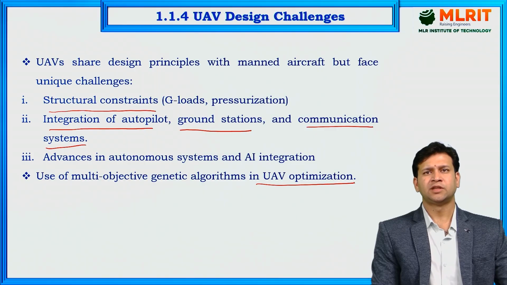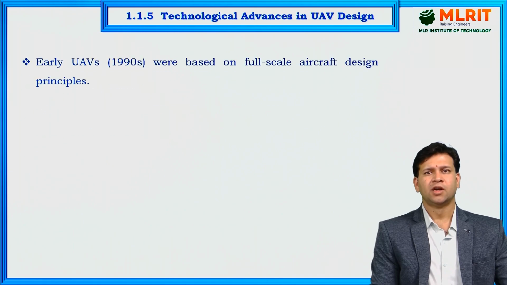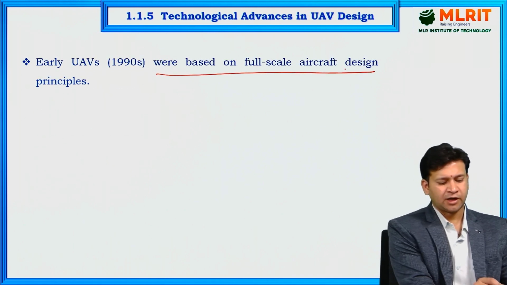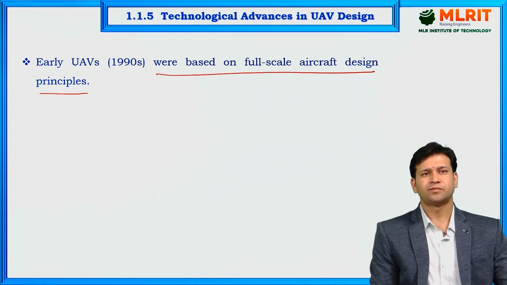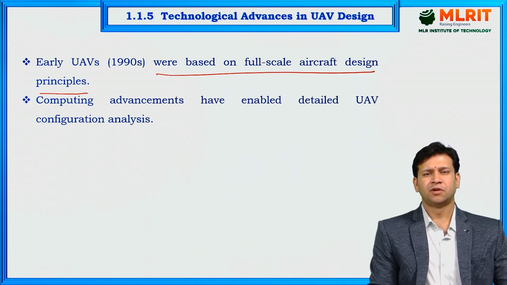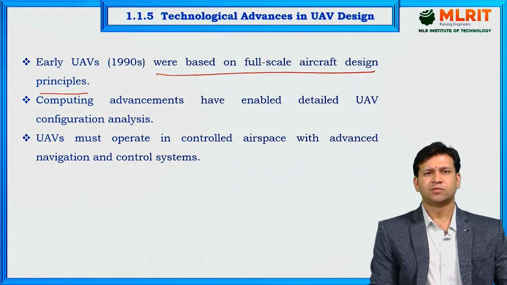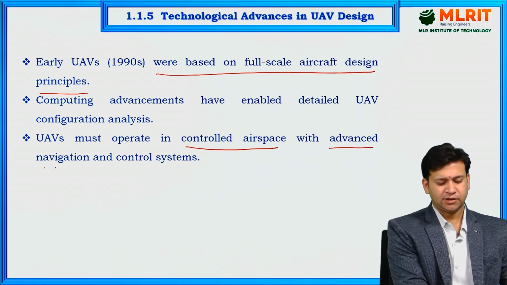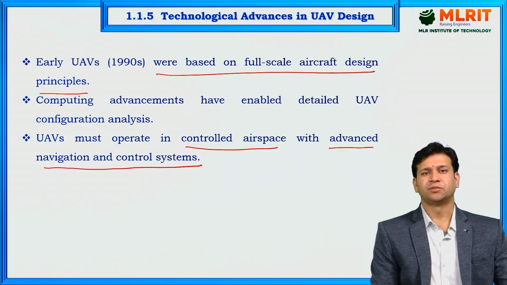These are the few design challenges which a designer has to go through during the designing phase. Early UAVs were based on full-scale aircraft principles. Computing advancements have enabled detailed UAV configuration analysis, and UAVs must operate in controlled airspace with advanced navigation and control systems.